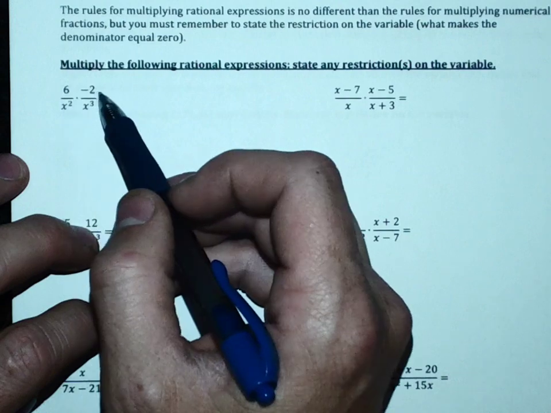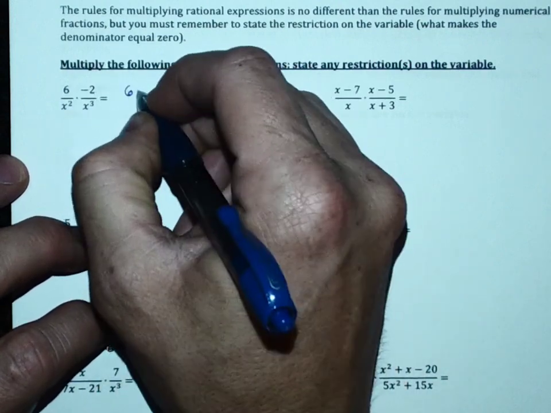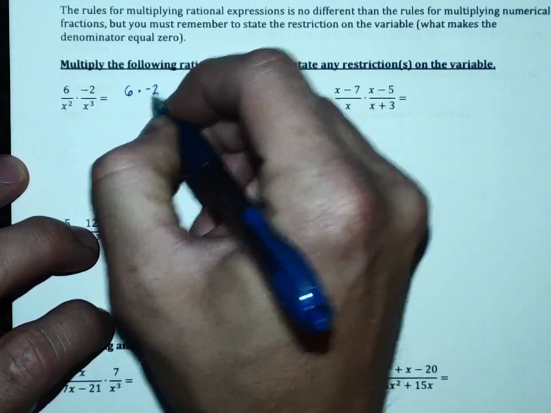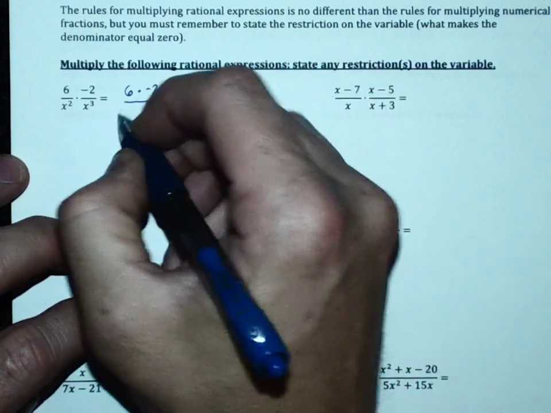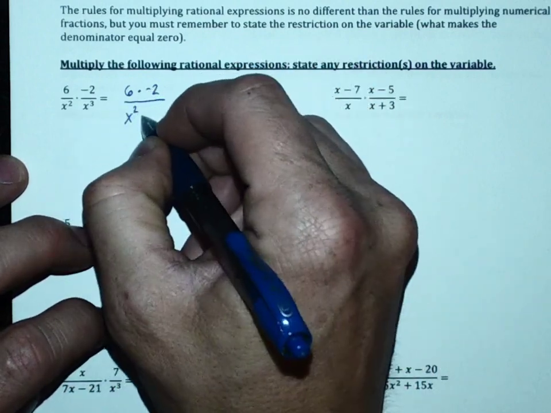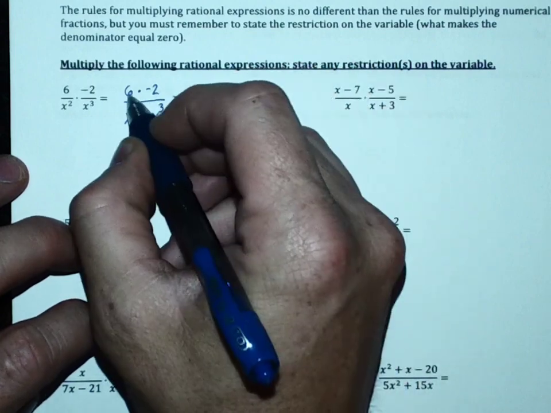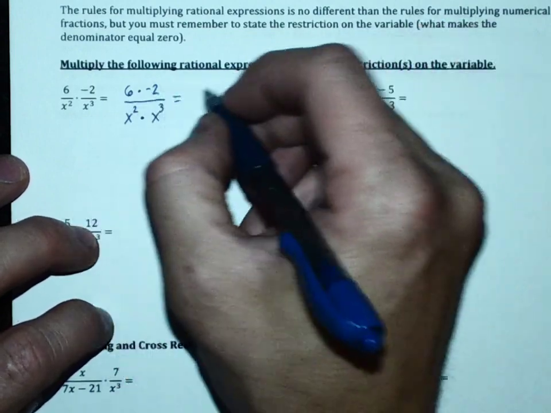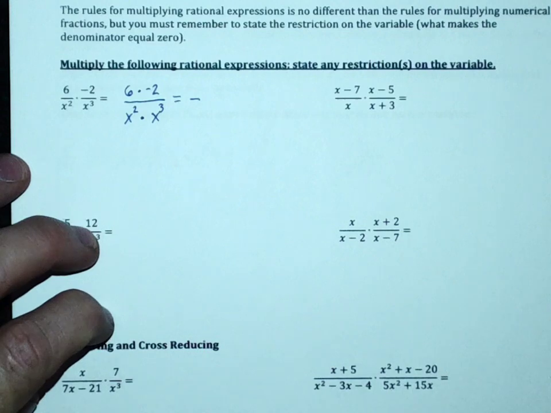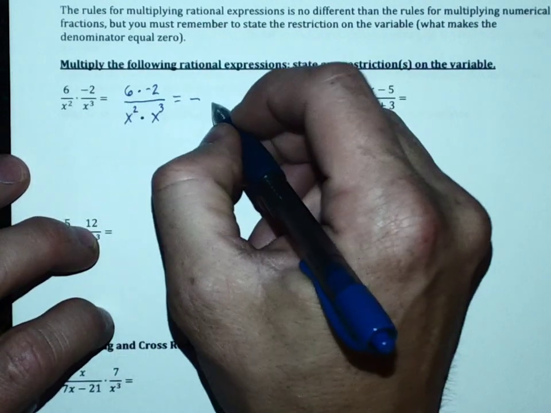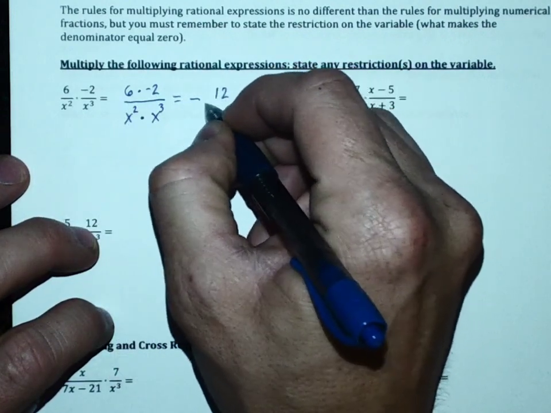We have top numbers are 6 getting multiplied by a negative 2. We have an x to the second getting multiplied to an x to the third. A positive times a negative makes this whole fraction negative. 6 times 2 is 12.